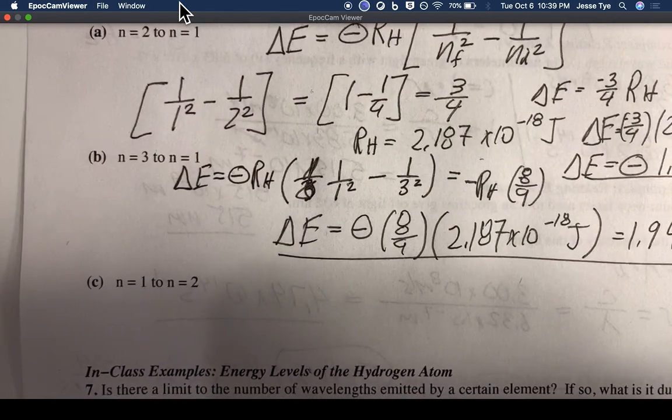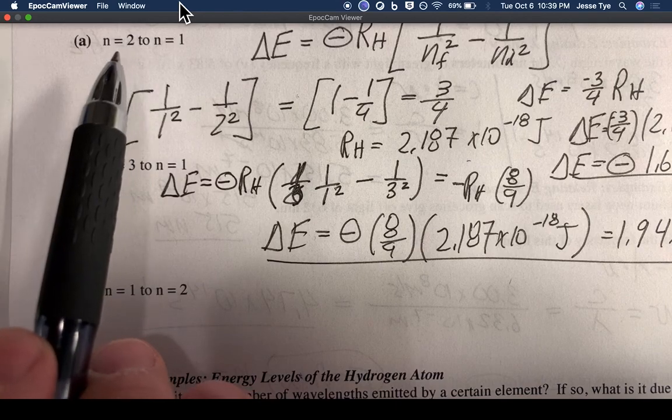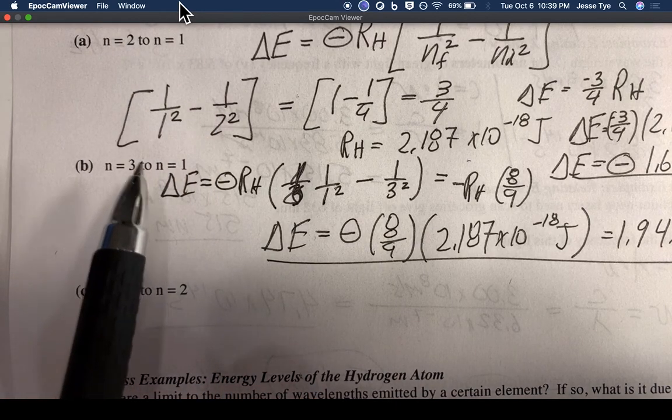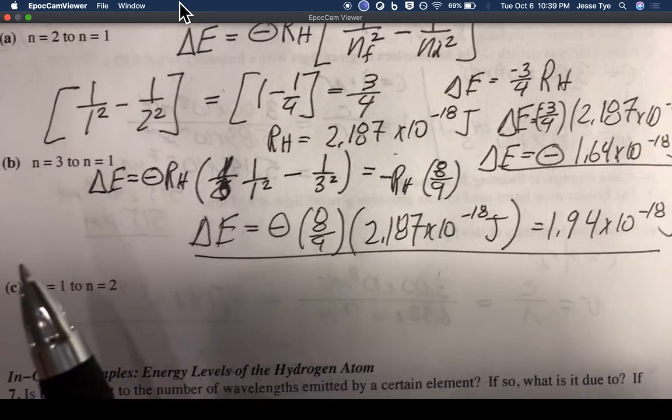All right, well, this final one is familiar-ish. So we started here with an excited state and allowed it to relax to its stable ground state. We started with an even higher excited state and allowed it to relax to its stable ground state.